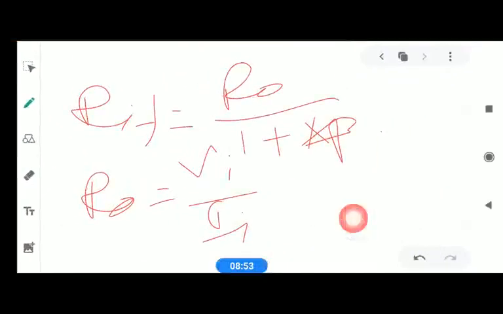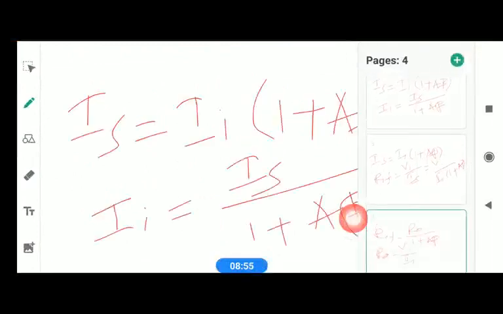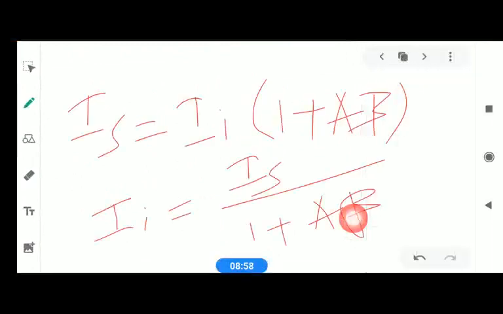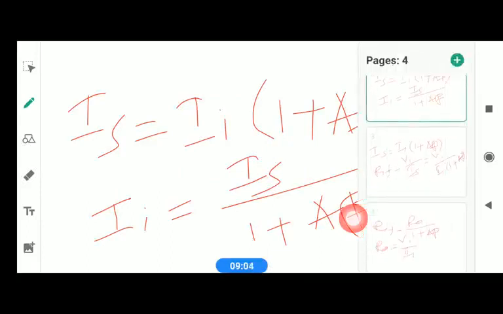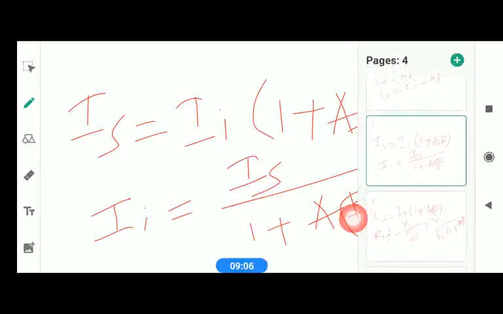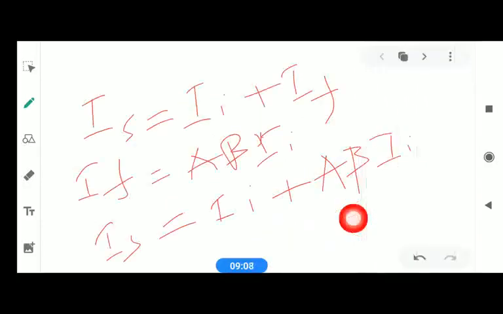Here we have IS is equal to II plus IF. We saw that IF is A beta II, which we derived. Equating this, we get II plus A beta II.